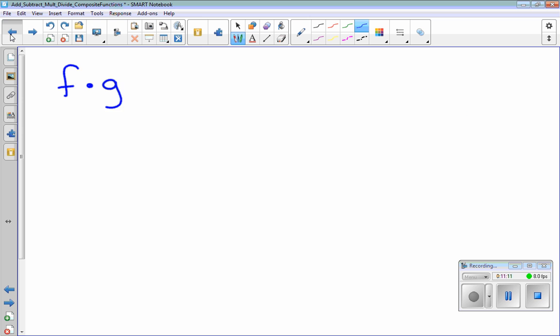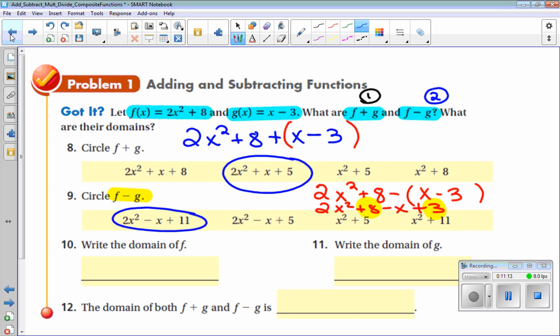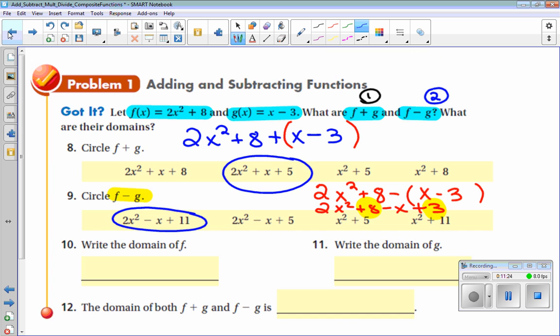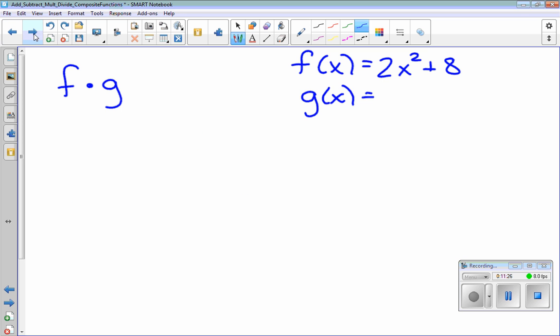So let me rewrite what f was. f is 2x squared plus 8. And then what was g? g was x minus 3. If it says to multiply these functions, which it does here, you're literally just going to do that.